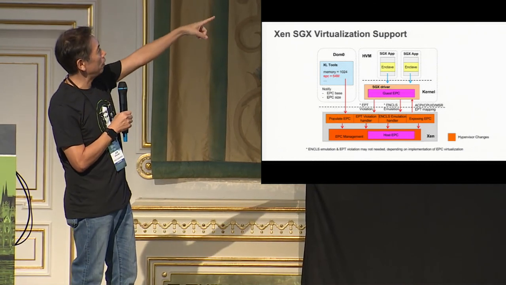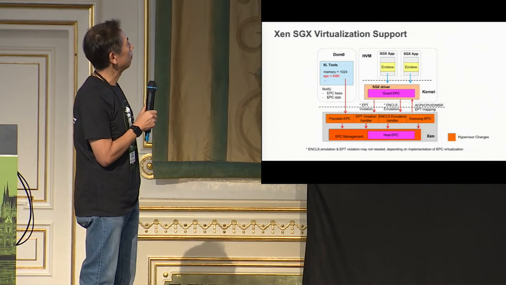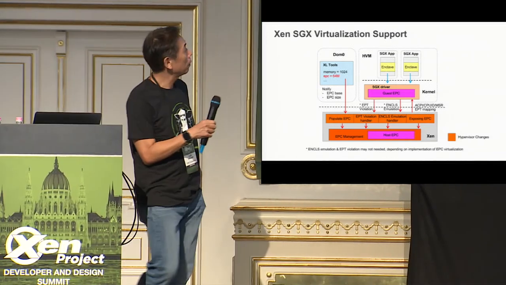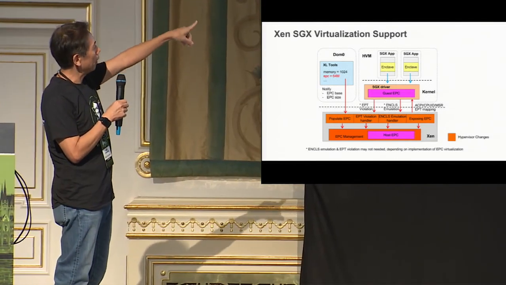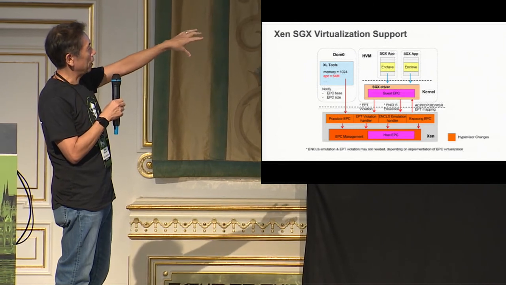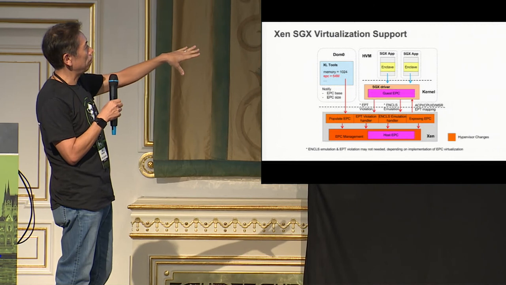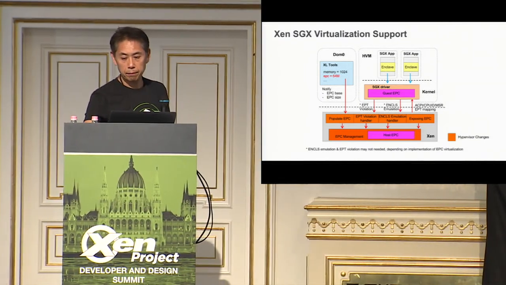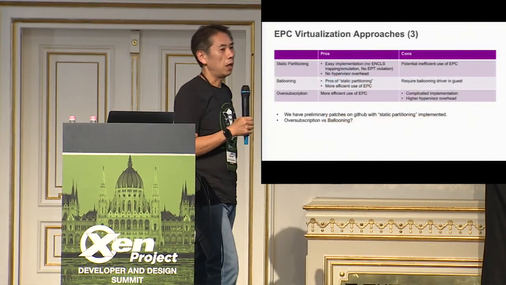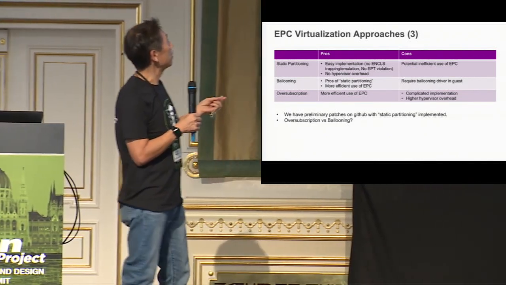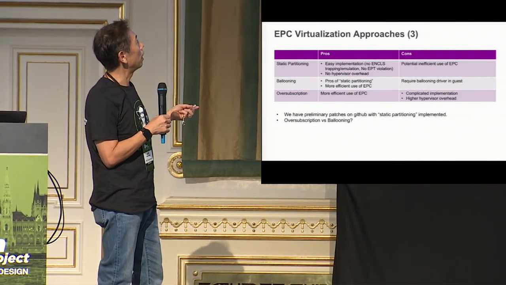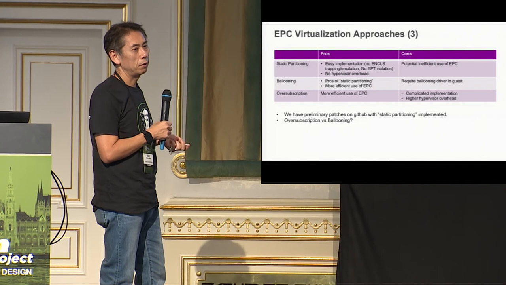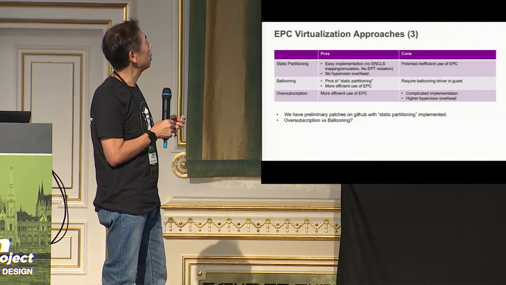You have EPC here, and the hypervisor needs to basically either partition, oversubscribe, or use ballooning for EPC. Those are the options. Static should be easy, but it's limited, because the total amount of EPC is the same as the platform's. Then ballooning and oversubscription.